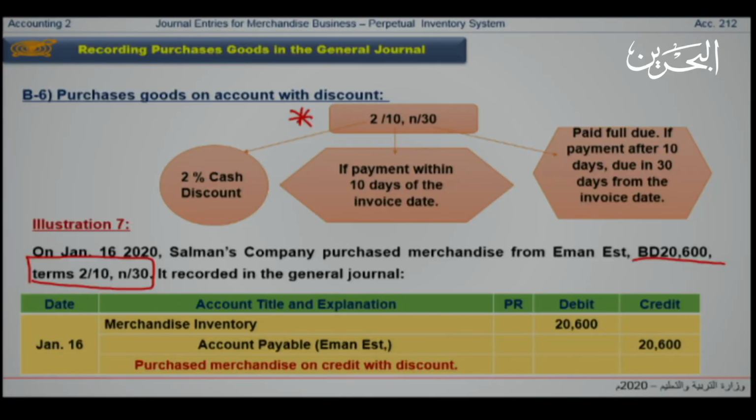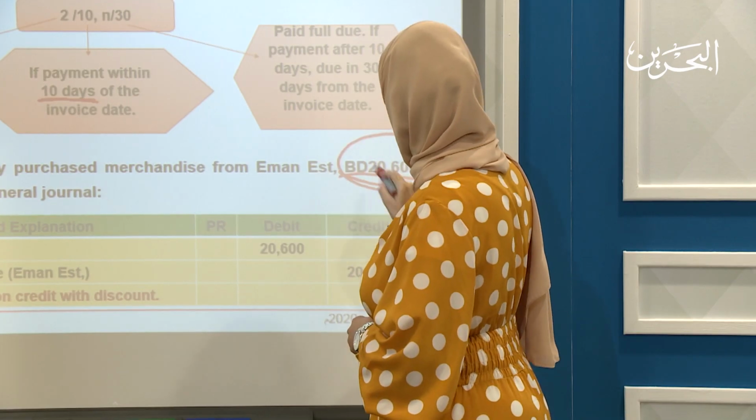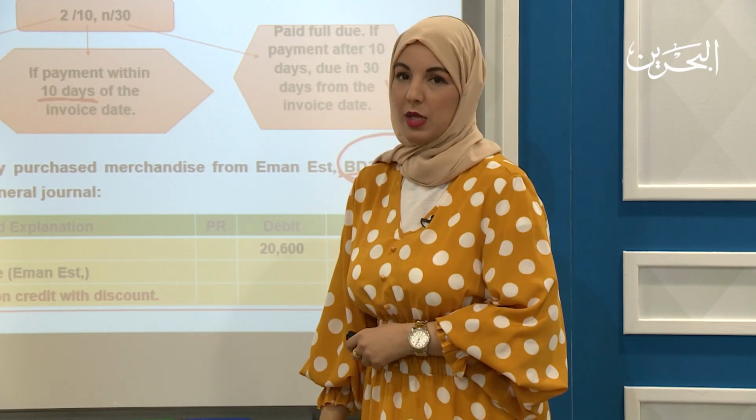The 2% is the cash discount that I will get if I make the payment within 10 days. If I make the payment after the 10 days, until 30 days, I should pay the full amount without any discount. So, in our example, firstly, I purchase merchandise with an amount of 20,600.